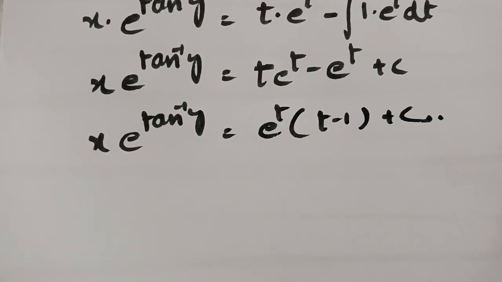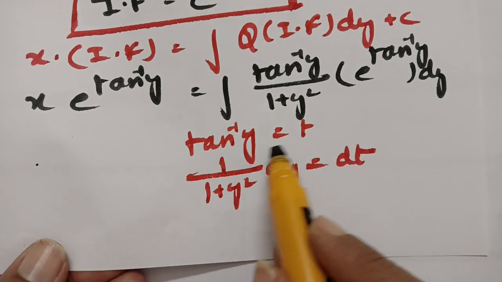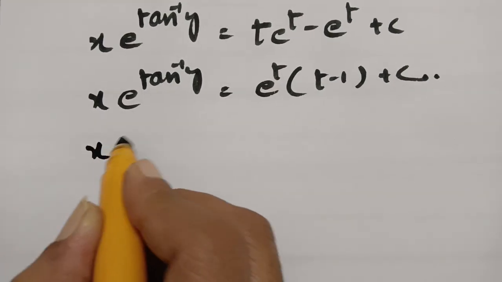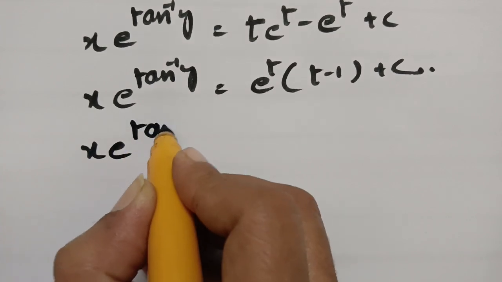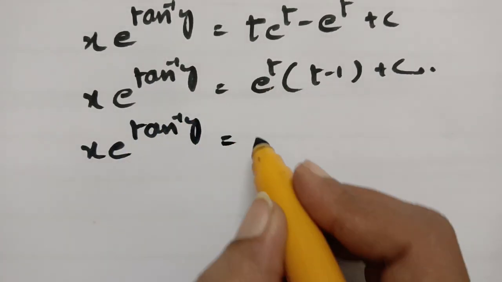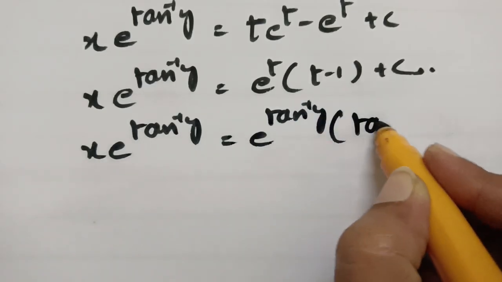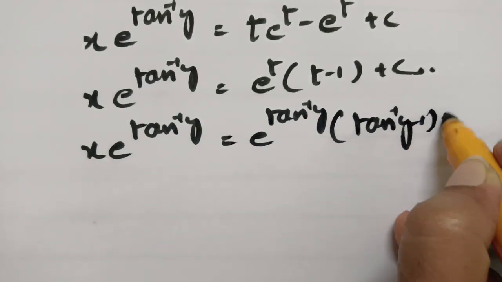As there is a substitution for e power t as tan inverse of y, see, I'll show you. I have taken tan inverse of y value as t, and now in place of t I am going to substitute tan inverse of y. So this is going to become e power tan inverse of y into tan inverse of y minus 1 plus c.